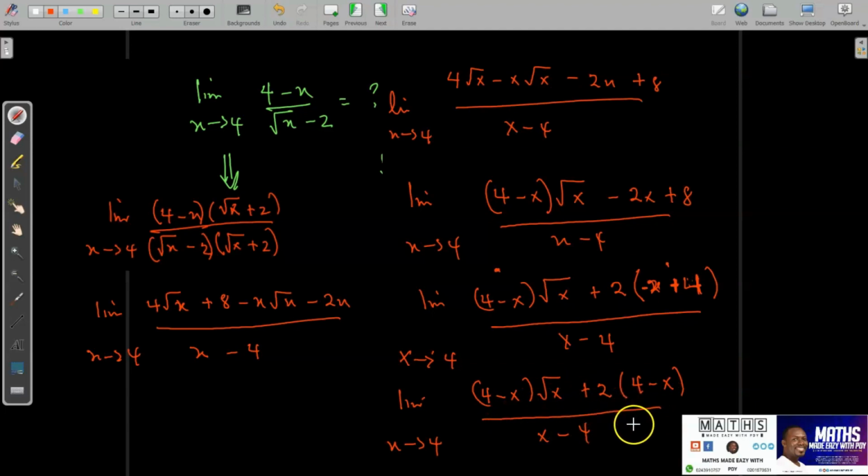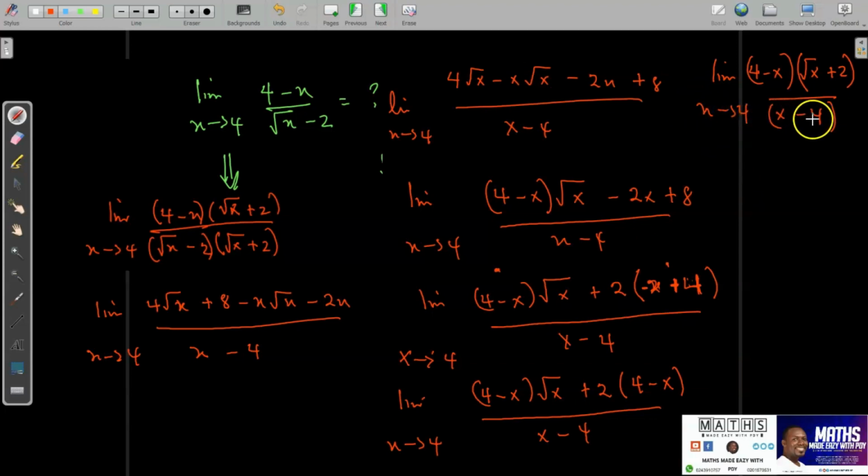So you maintain one of the brackets, which is 4 minus x, and then root x plus 2. So maintaining it, there's still something that you need to do before they can cancel out. If you have it as limit of 4 minus x in one bracket, because that's the common factor for the numerator, the other factor will be root of x plus 2 all over x minus 4 as x approaches 4.